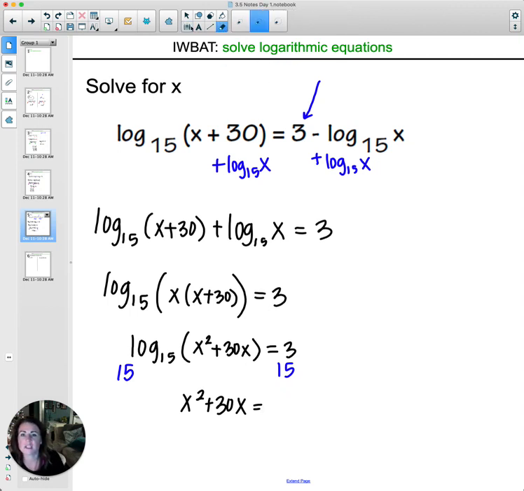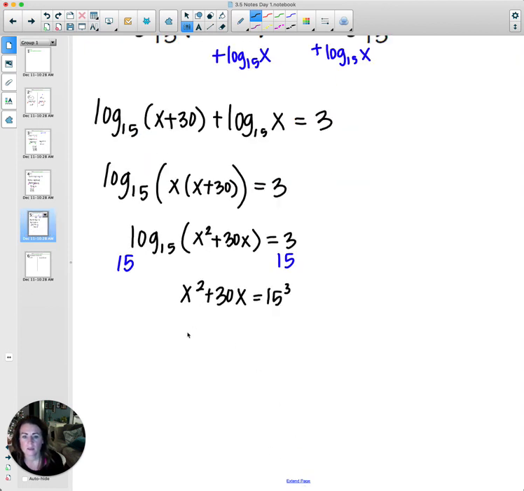All right, 15 to the third power, which you'll then need to evaluate. So x squared plus 30x equals, and then do 15 to the third power. So 15 times 15 times 15, and you'll get 3375.